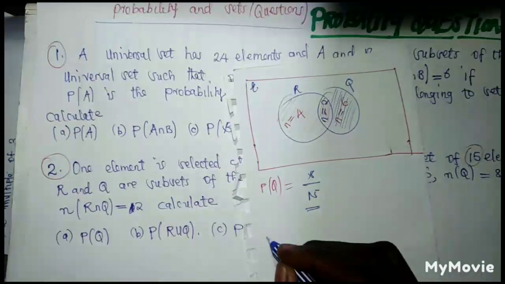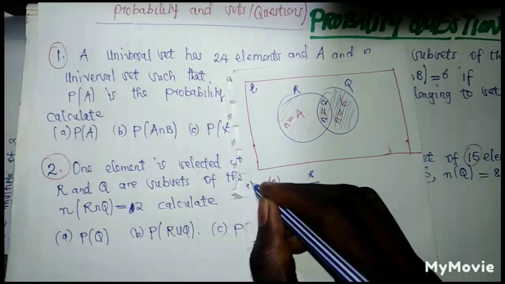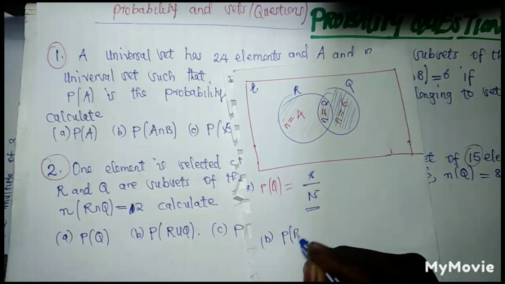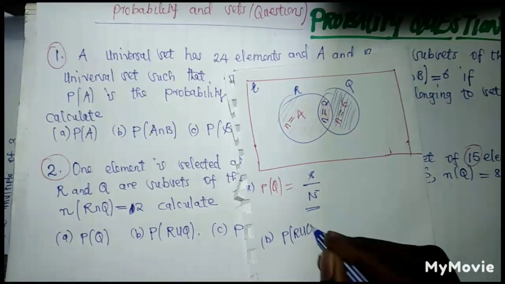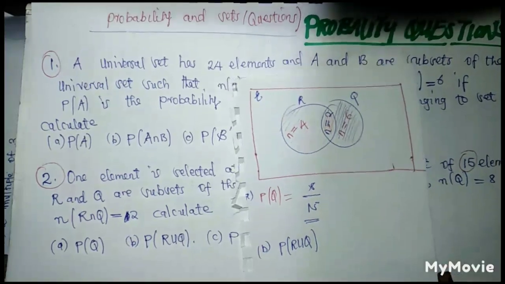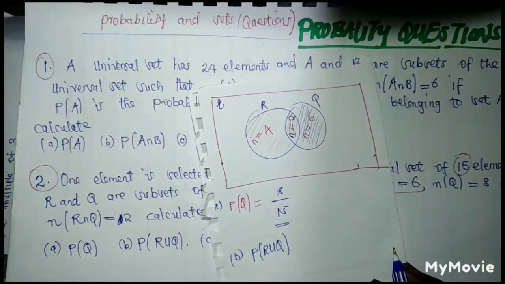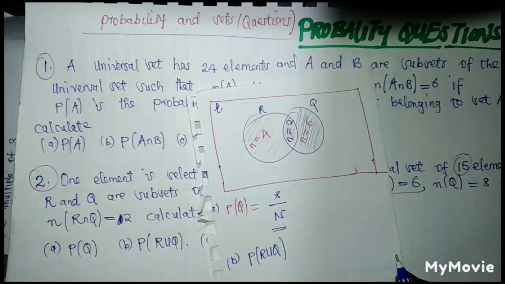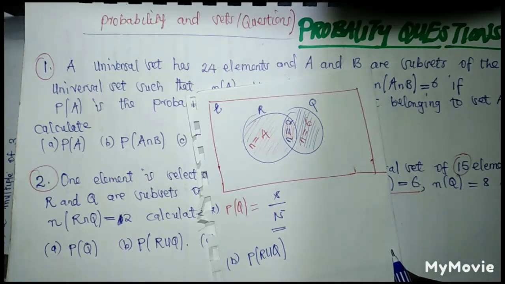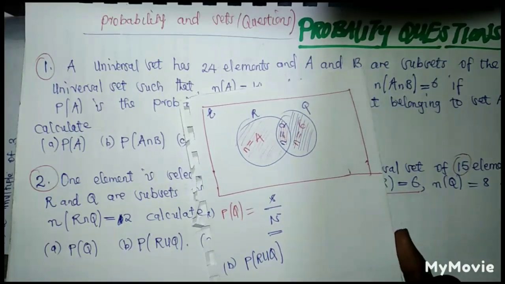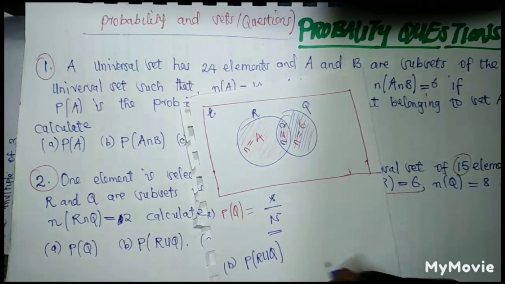Then we go to B. So this is A. B, the probability that it would be R union Q. So R union Q, that would be 6 plus 8, which is 14.